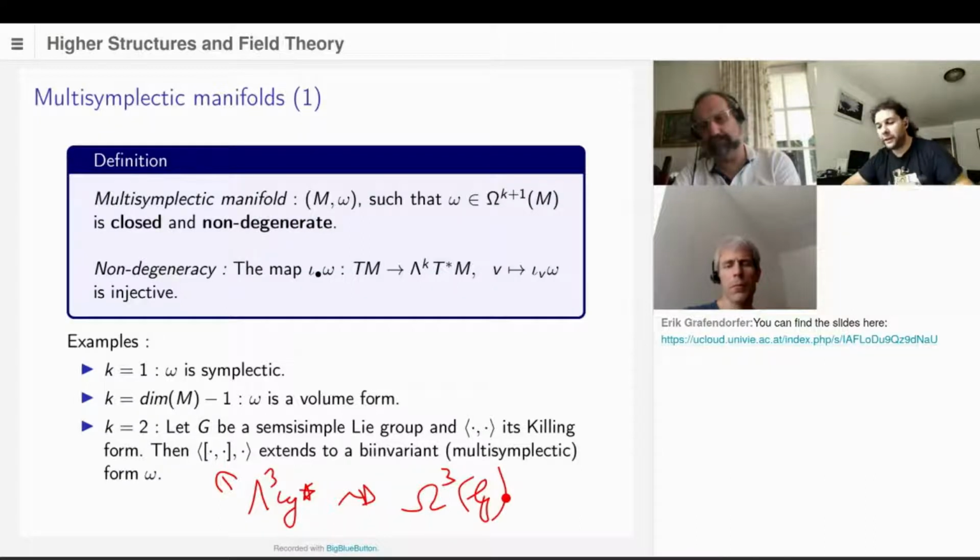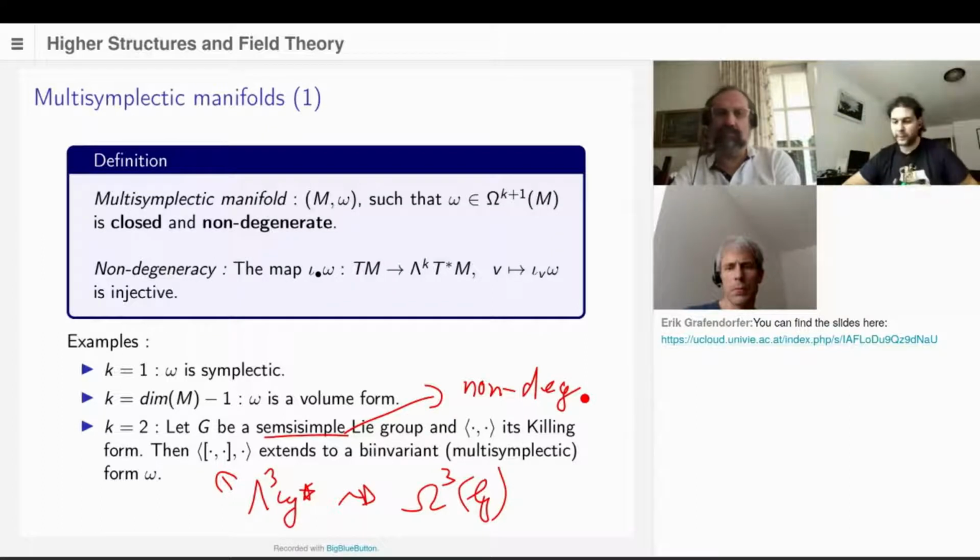And bi-invariant forms are automatically closed. So we get closedness for free, and non-degeneracy is a consequence of semi-simplicity.